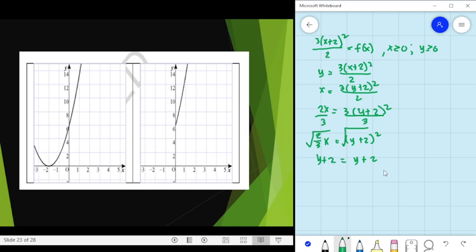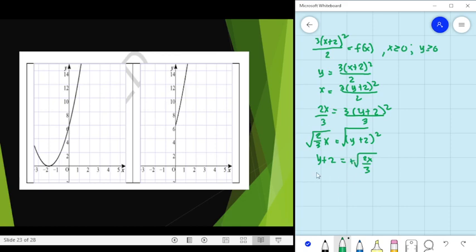So we only use the positive, because normally we would have positive and negative here. So the square root of 2x over 3, and we take the positive.